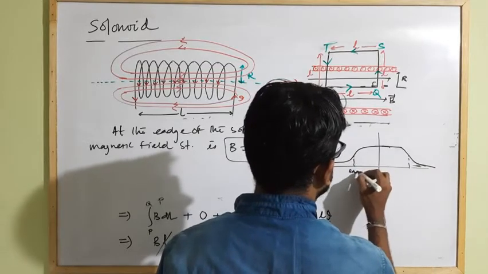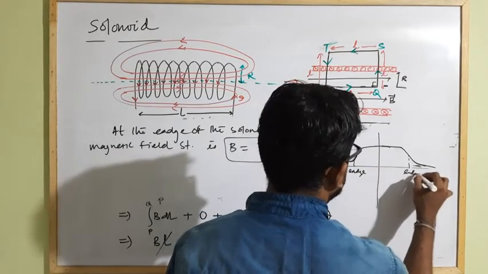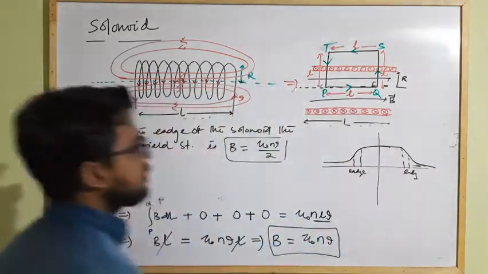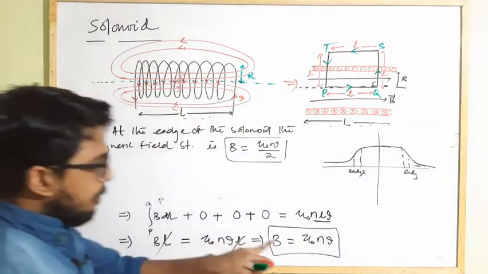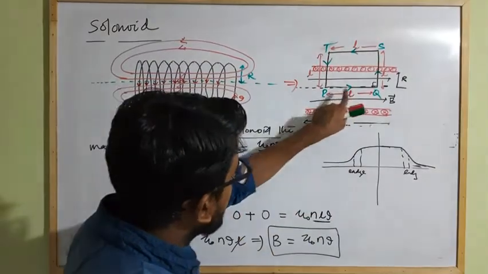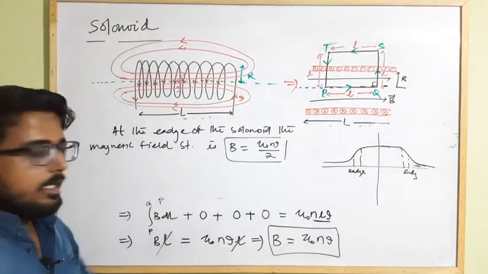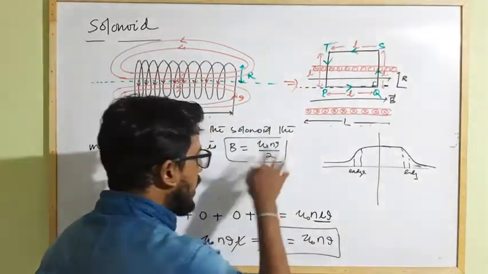This is the edge, and this is within the solenoid. Clear? And the magnetic field strength from center to edge does not vary linearly, it varies rapidly from mu naught Ni to mu naught Ni by 2.